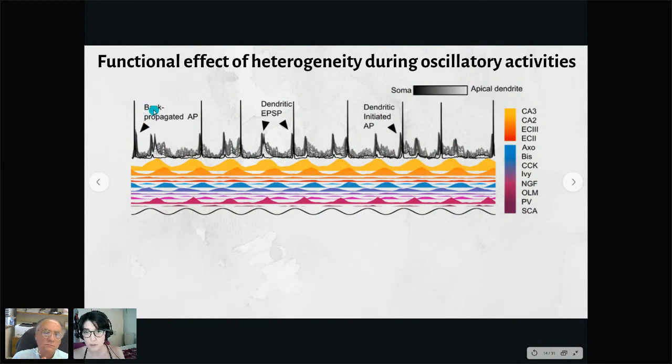For example, backpropagation: here we have a spike, and the spike propagates into the apical dendrite, like in here. We also have dendritic spikes, as in here, and we also had dendritic spikes that provoked a spike firing in the cell.